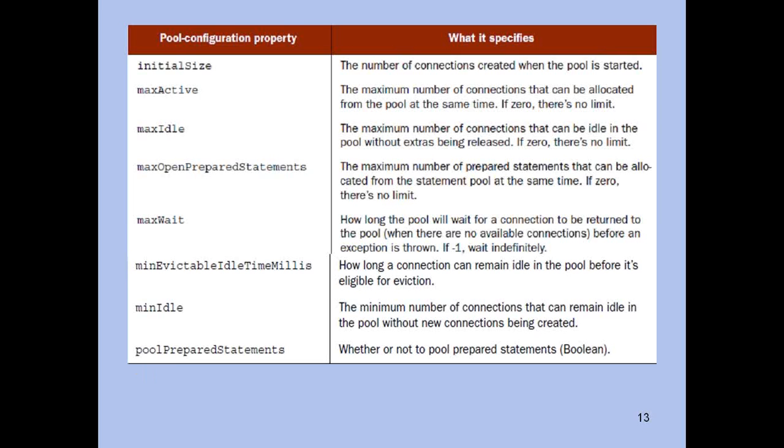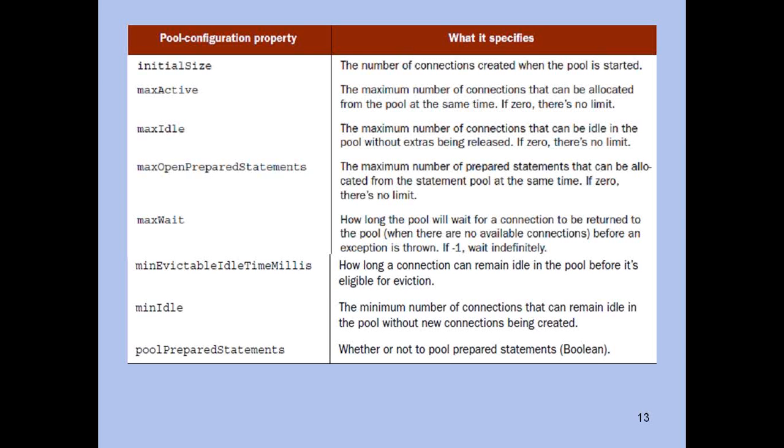Now let's see what the different properties are that we set while creating the data source. Initial size is the number of connections created when the pool is started, and max active sets the maximum number of connections that you want.